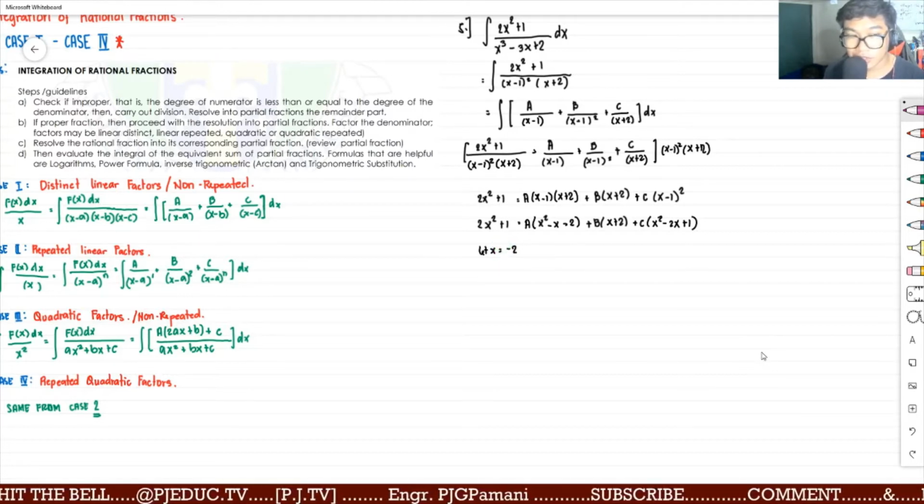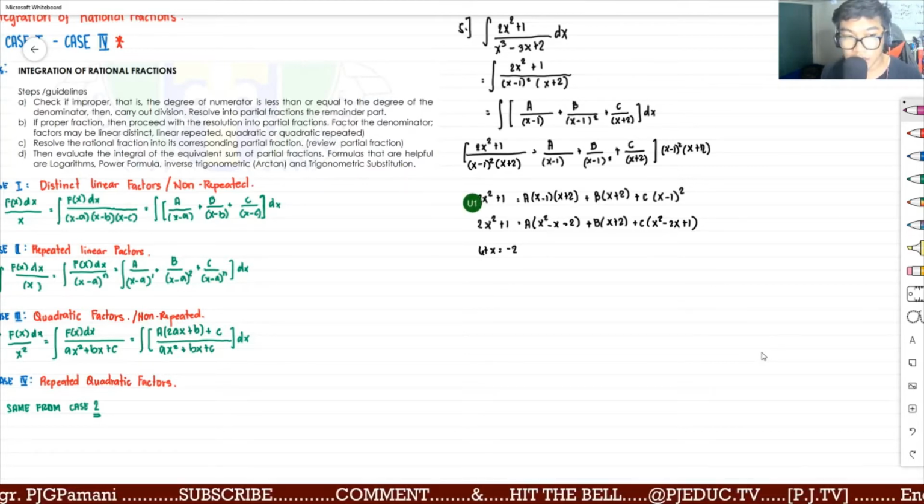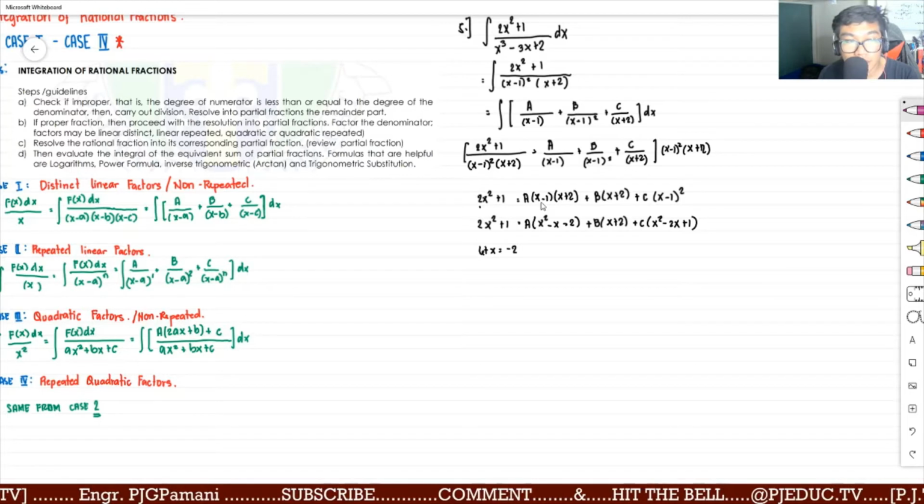Substitute natin doon sa unexpanded form. Substitute x dito. That is 2 times negative 2 squared plus 1, 4 times 2, 8 plus 1, 9. Negative 2 plus 2, 0. Negative 2 plus 2, 0.